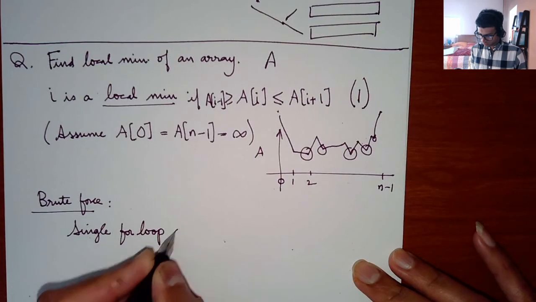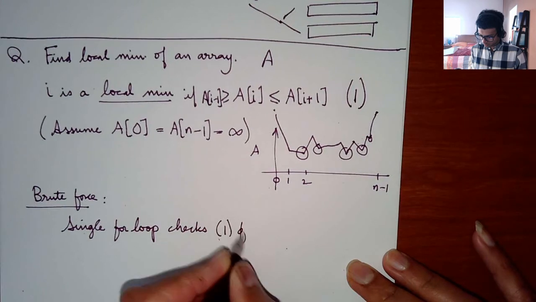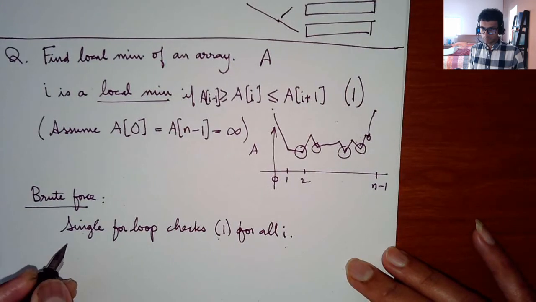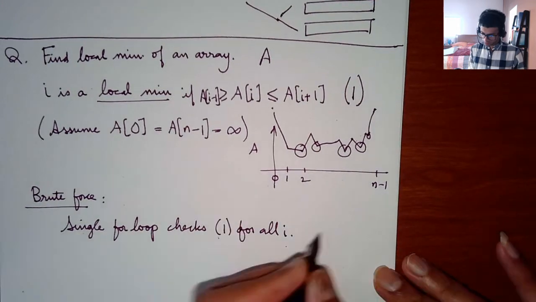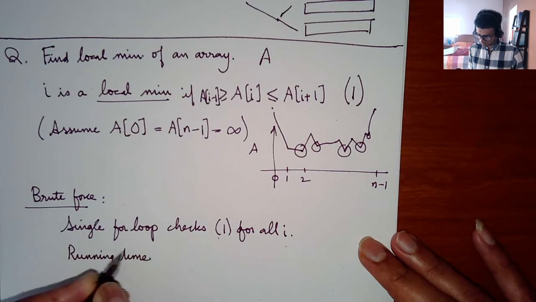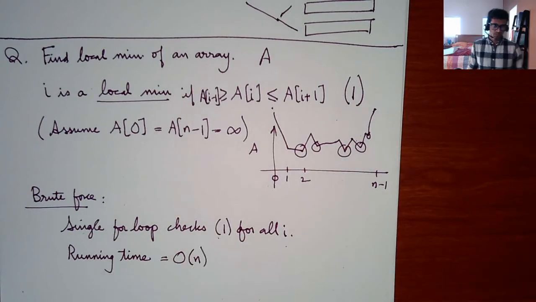A single for loop checks condition 1 for all i. And so this running time is O of n. Simple. And so now the question is, how do you beat O of n?